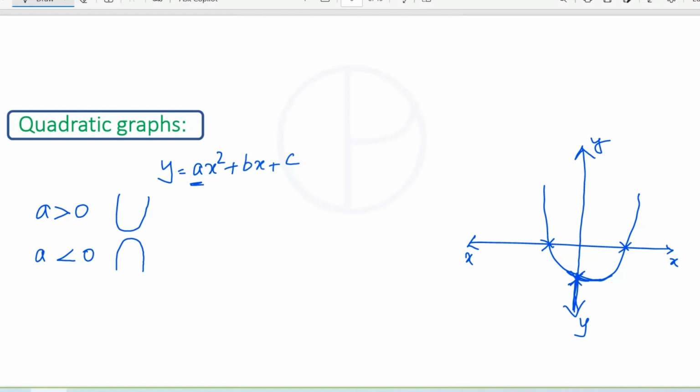And this is the turning point. And these two are roots. This is one root and this is another root. Okay, and this is the y-intercept.